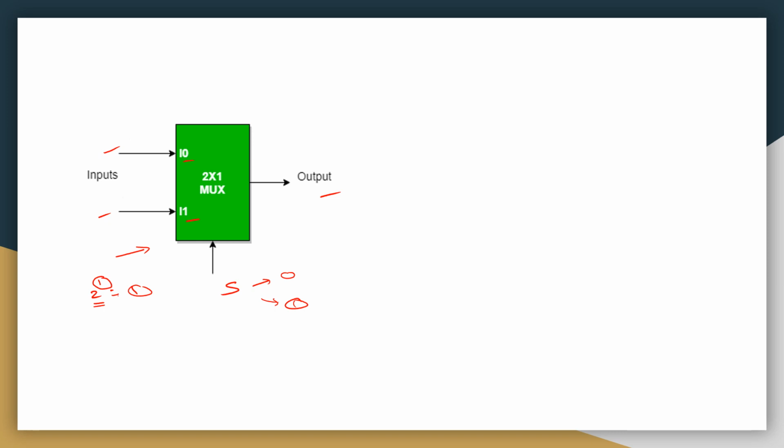The same concept applies to the 4:1 multiplexer. 4:1 means 2 power 2 to 1.